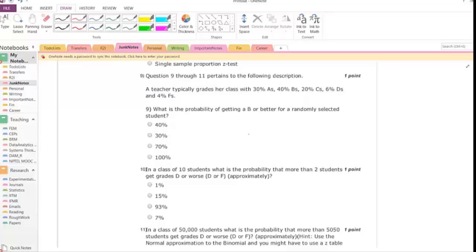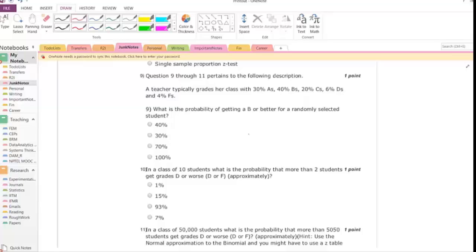What is being asked is the probability that more than 2 students out of 10 get this. And the answer would become very hard if you used the binomial formula and calculated the probability of 2 out of 10 getting grades D or worse, 3 out of 10, 4 out of 10, and going all the way to 10 out of 10.